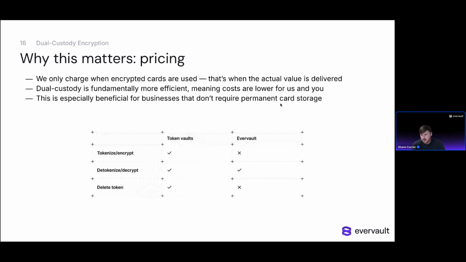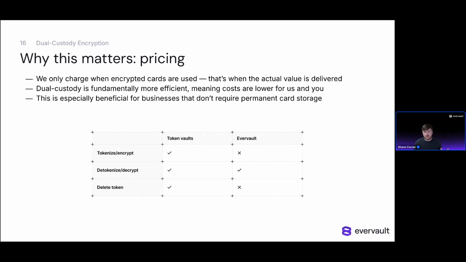Pricing and economics are slightly different because the cost implications of the different architectural models are different, based on storing the card data every single time you add a card versus just storing a static card. You'll typically see this in pricing proposals that you get from vault providers as well.